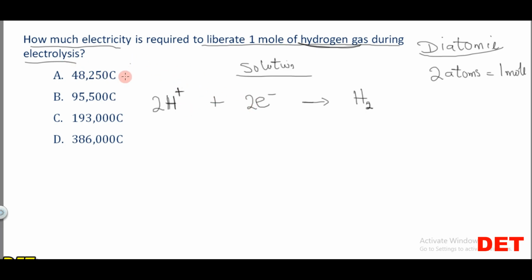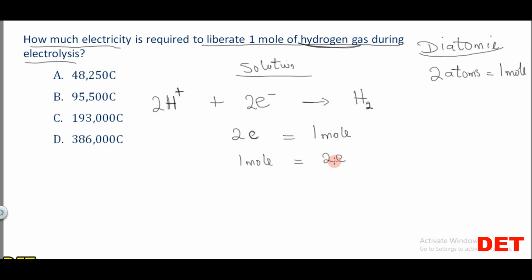So from this equation, we have that 2 electrons of electricity is required to liberate 1 mole of hydrogen gas. In other words, 1 mole of hydrogen gas would require 2 electrons of electricity.